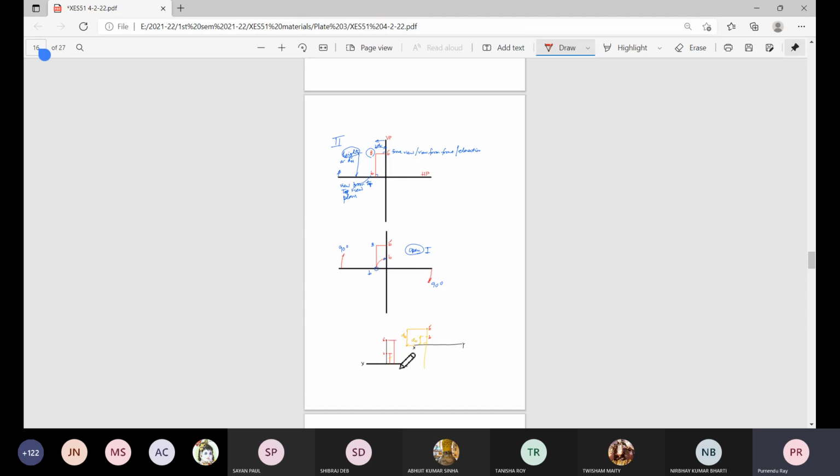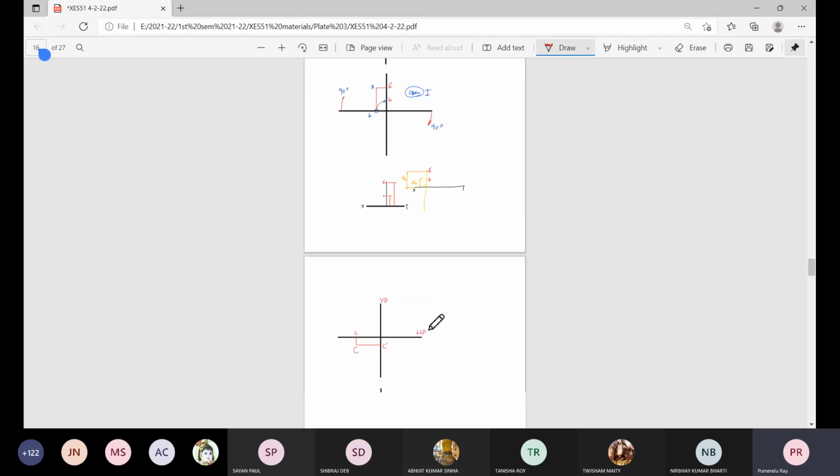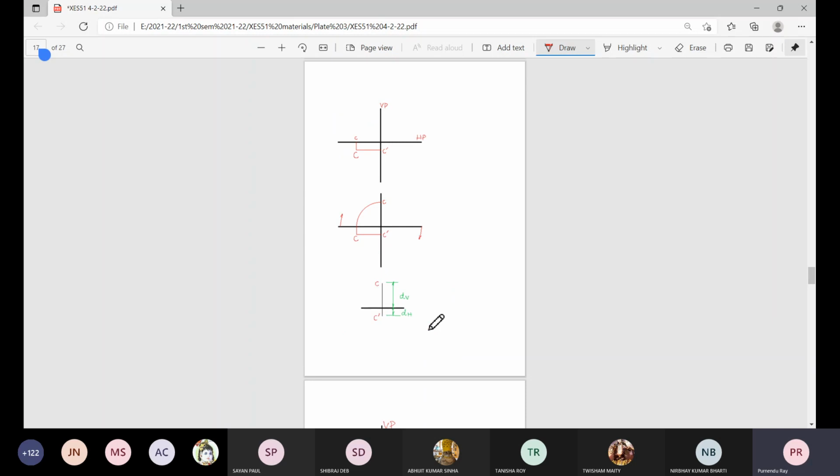And this is finally the formal diagram which is called the orthographic projection solution for this particular question, that a point capital B is there which is at a distance dh above horizontal plane and dv behind vertical plane. Okay. Now similar situation we can accept for third quadrant also.